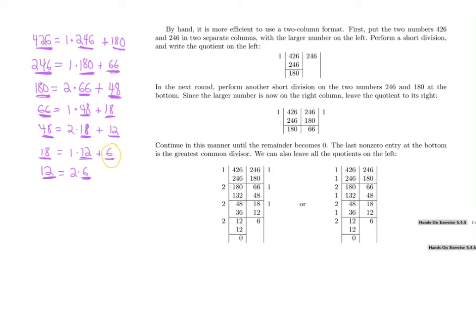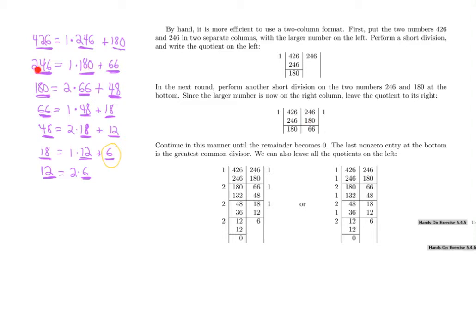So we recognize there's the 426 and the 246, and then the 246 gets moved down here, like how you move the 246 down here. Then they subtract to get 180, and that's this number, which would have to be brought down here anyway. So after doing this subtraction, they put the 180 over here in that corresponding spot.